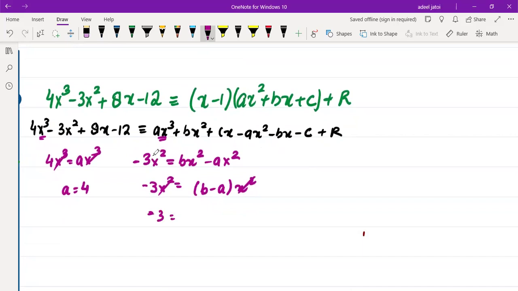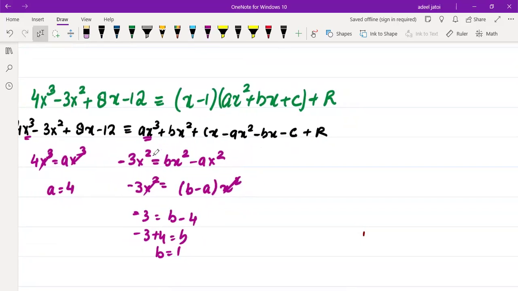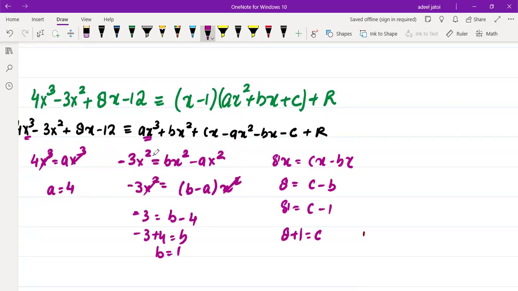So minus 3 minus b minus 4, minus 3 plus 4, b becomes 1. On the other hand, 8x can be compared to cx minus bx. So 8 is equal to c minus b, 8 is equal to c minus 1, 8 plus 1 is equal to c. C becomes 9.